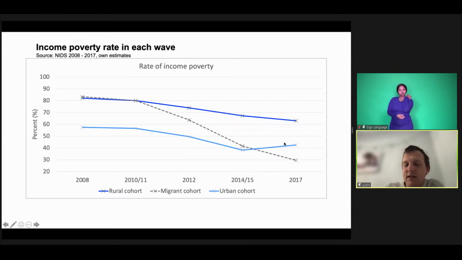This is not a statistically significant difference here. So it becomes, again, the same as the urban cohort. So all in all, what you see is that the migration jump has a big impact, and these numbers are really big. You can see the poverty level for those in the rural cohort is still above 60%, whereas for the migrant cohort, it's hovering at around 30 to 35%.